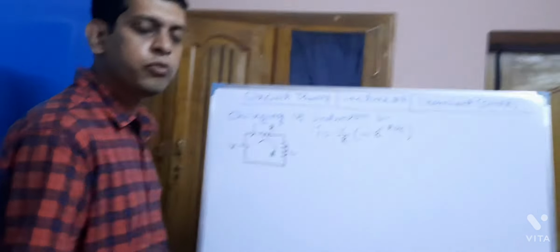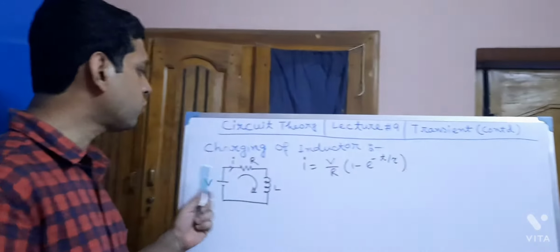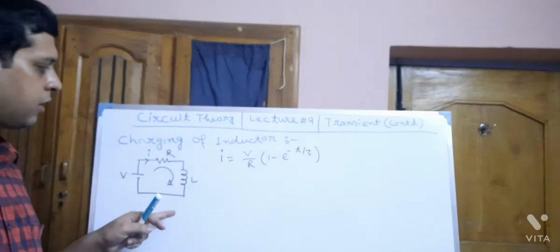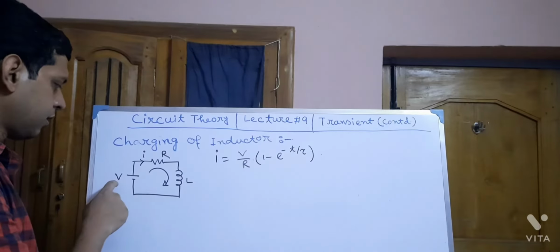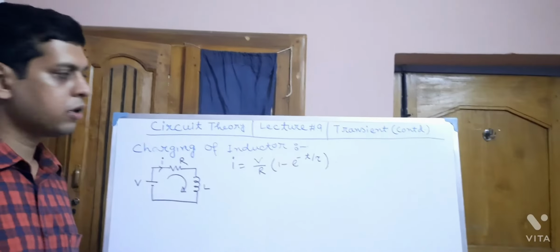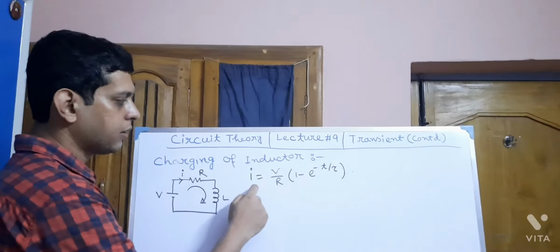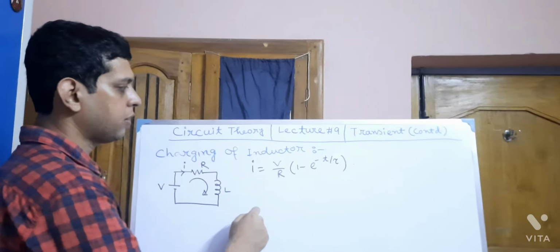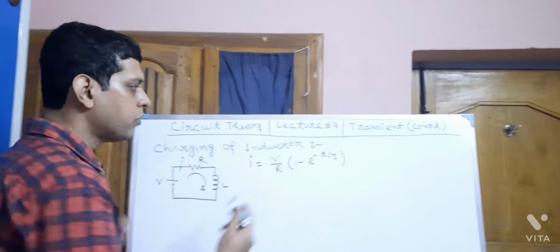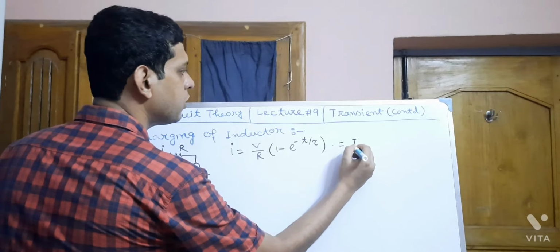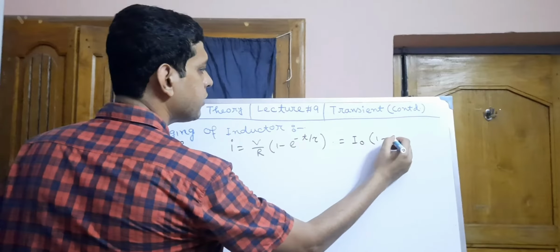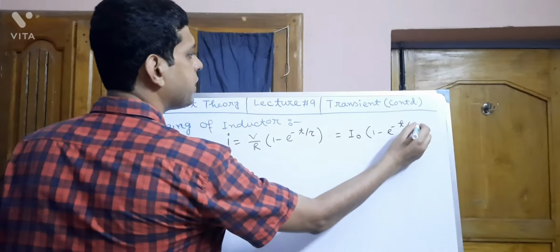So the conclusion is, if we want to charge an inductor by a DC voltage source, we will get this nature of i. Now this is equal to, let us call it I0 into 1 minus e to the power minus t by tau.